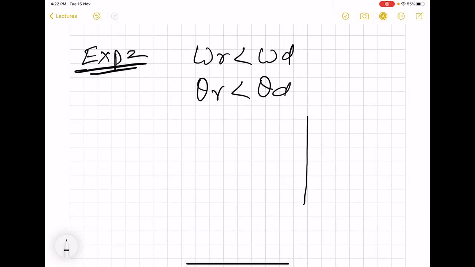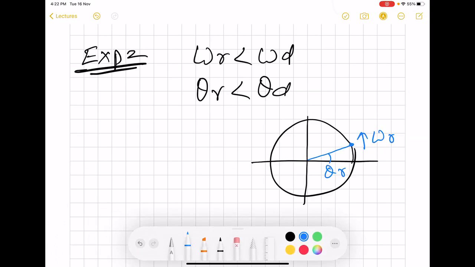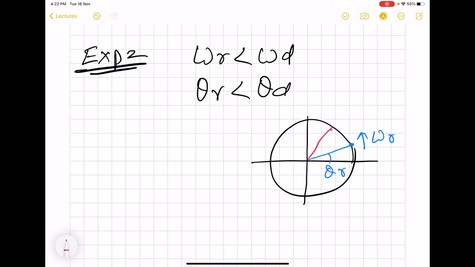So here we can now see the scenario in the circular motion form. So what we have here is omega r, which is rotating at a slower angular velocity. And then we have omega d, which is rotating at a faster angular velocity.